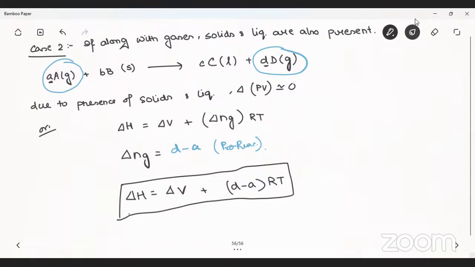If they ask you to calculate the delta H in an equation where both solids and liquids are present, you have to use this formula. R will be given, T will be given, volume will be given. This you can see from your question, and thus you can calculate. So just search for these keywords. Whatever they are asking, accordingly use those formulas only.